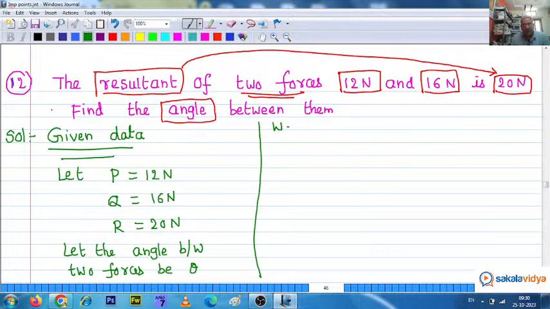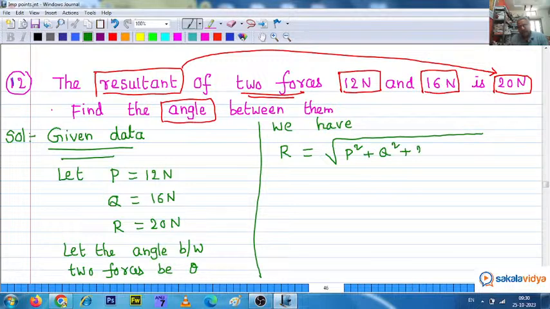So let us recall the formula: R squared is equal to P squared plus Q squared plus 2PQ cos theta. Some textbooks you may find like this also. Okay, let us substitute the values.